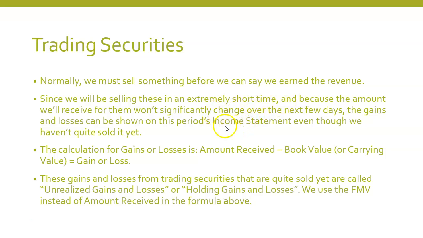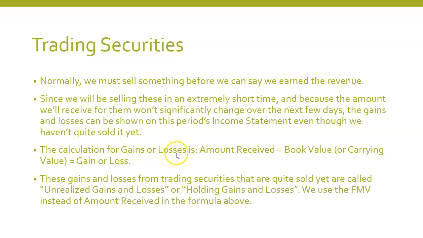However, this is one of those times when we don't have to sell it. Since we're selling this in such an extremely short time, because the amount we'll receive for them won't significantly change over the next few days, the gains and losses can be shown on this period's income statement, even though we haven't quite sold it yet.